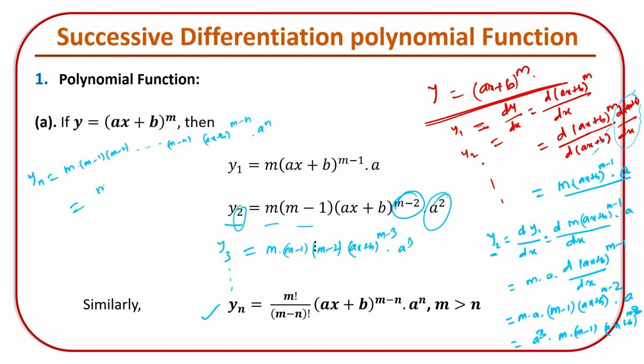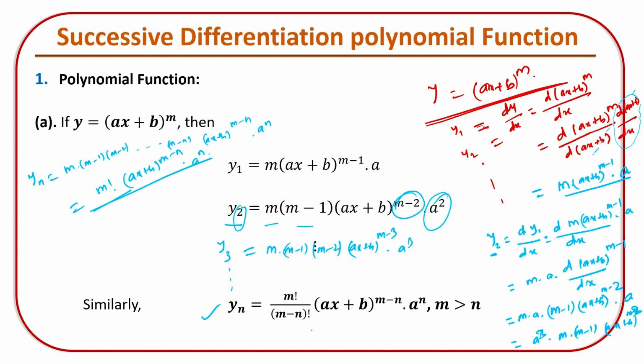This can be written as factorial m divided by factorial (m minus n) into (ax plus b) power m minus n into a power n. That is your answer, right.